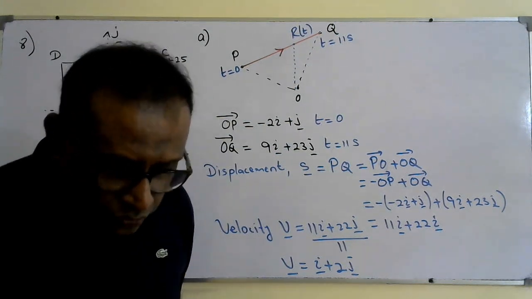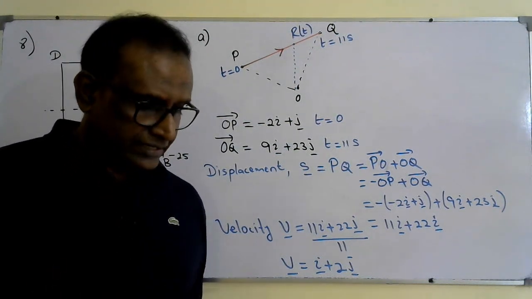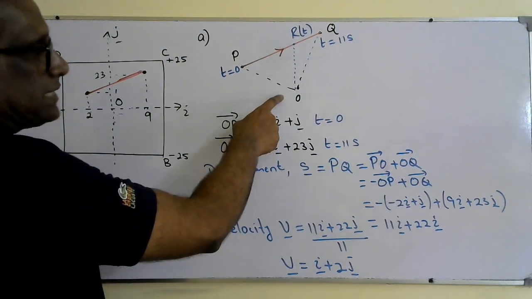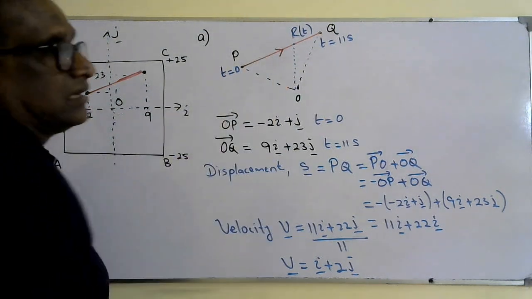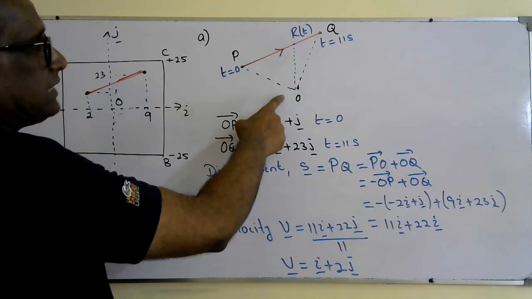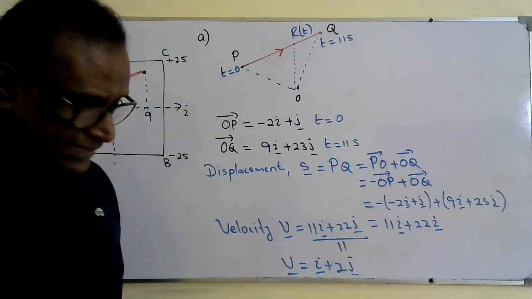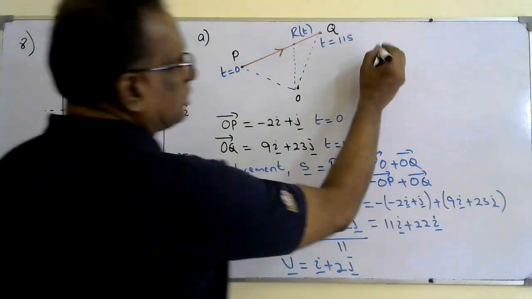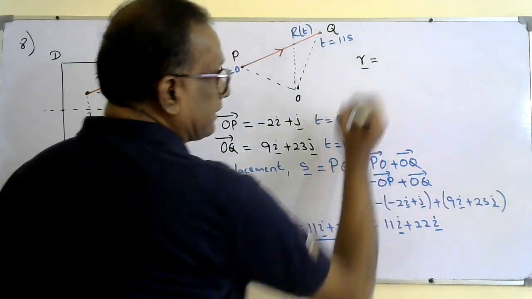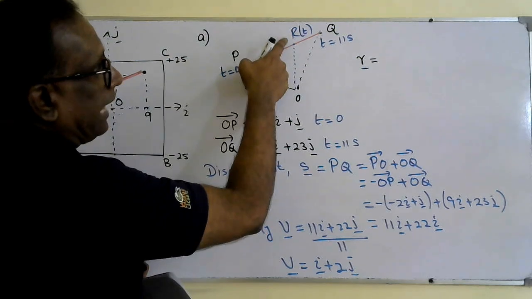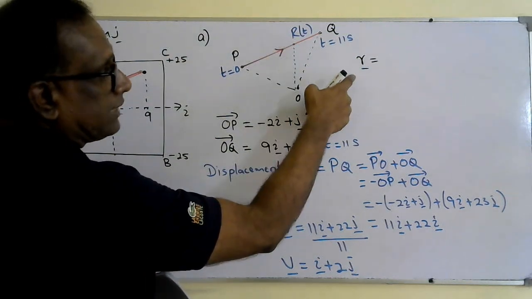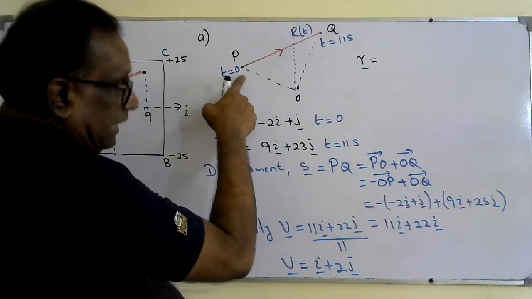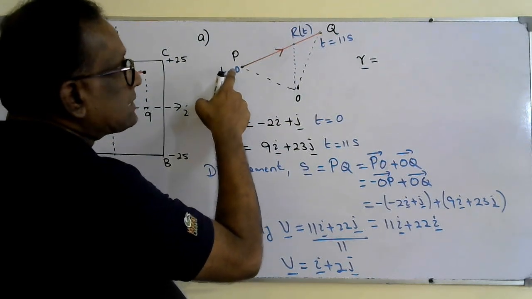Okay. Now, since we know the velocity vector, we need to find the position vector r at time t. Remember this method: the position vector at a particular time, that is at point R, is equal to OP plus PR.